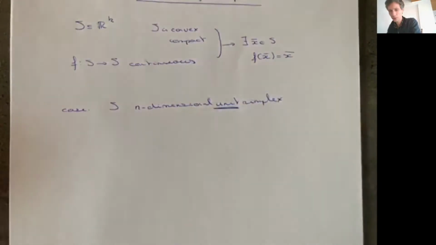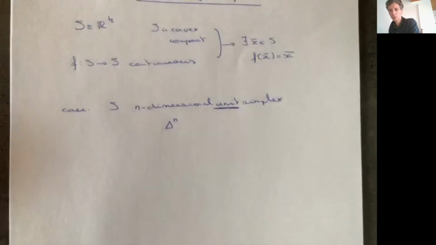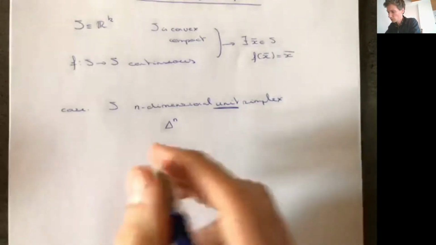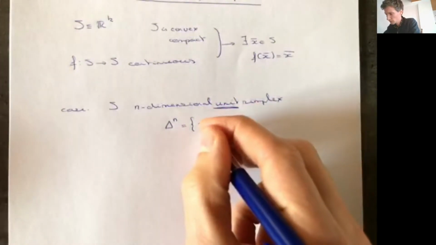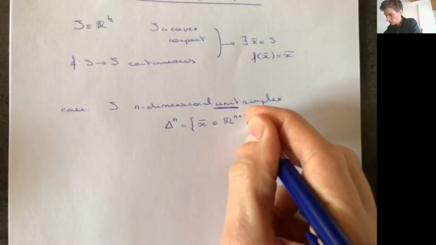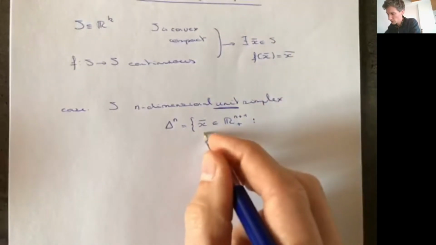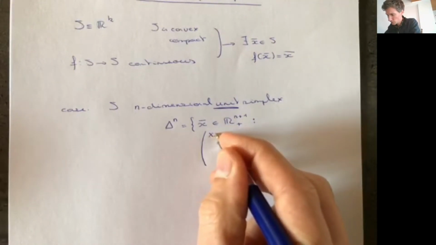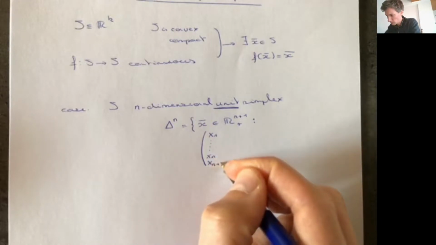So for the n-dimensional unit simplex, we're going to use the notation delta n. What's the n-dimensional unit simplex? Well, it's the set of vectors x in R^(n+1)_+, so a vector which consists of components x1 until x_(n+1).